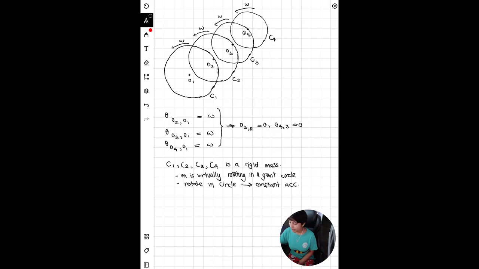Anyway, omega of O2 with respect to O1 equals omega, which means if O1 is the standing point, the entirety of O2 is rotating with the speed of omega. O3 with respect to O1 also equals omega, and O4 with respect to O1 also equals omega. However, as we've discussed in previous videos, summing up velocities would mean something like this, and this also applies to angular velocities, so watch carefully.